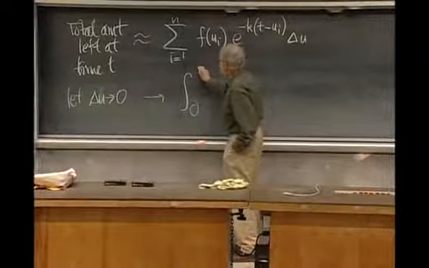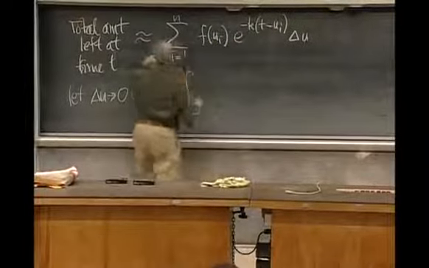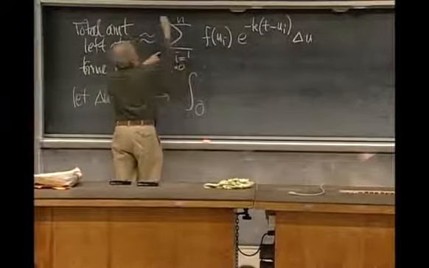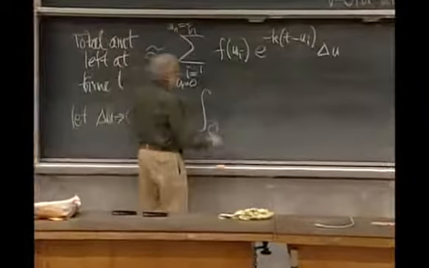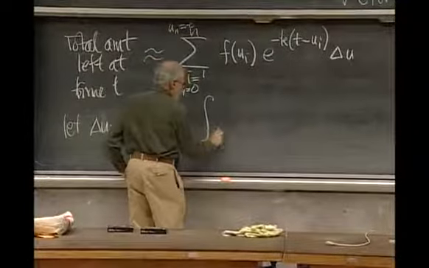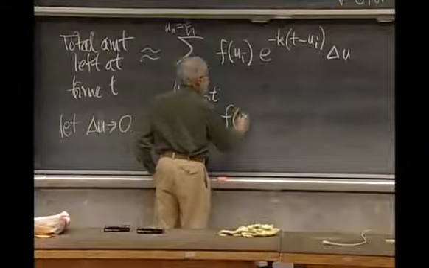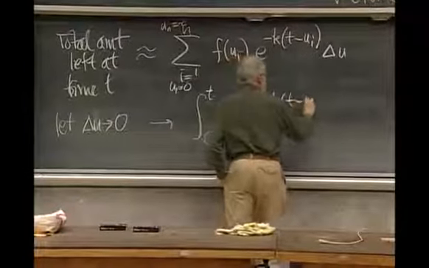It approaches the integral from 0 to t, the final value. So it will be the integral from the starting point to the ending point of f of u e to the minus k times t minus u du.